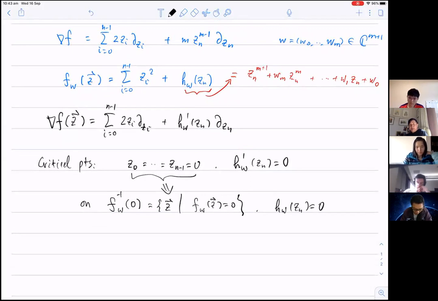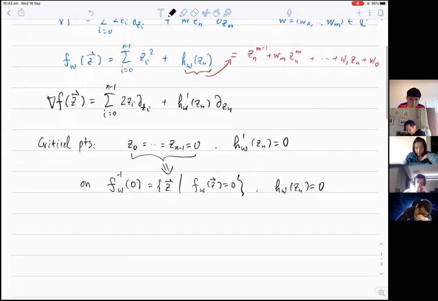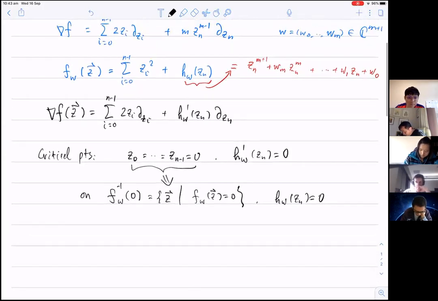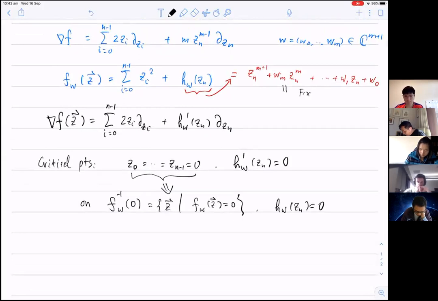In general, this polynomial, if I fix W, and W is the vector, whatever, so fix this, because it has all complex coefficients, I can always have, with multiplicity, n plus 1 zeros.